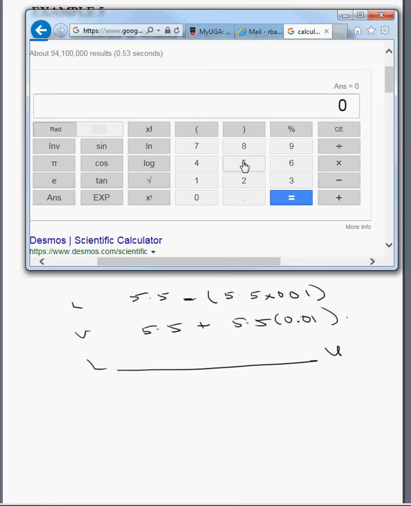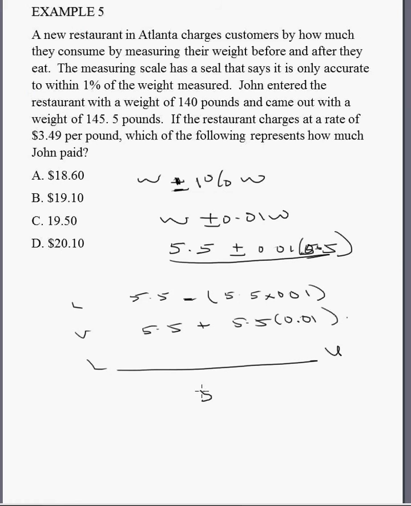So we're going to do 5.5 times 0.01. So obviously then our range of values will be 5.5 plus or minus, what did we get? Let's bring our calculator here. I think we got 0.055 plus or minus 0.055.